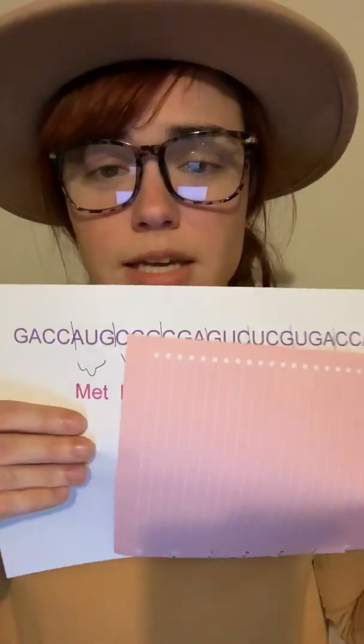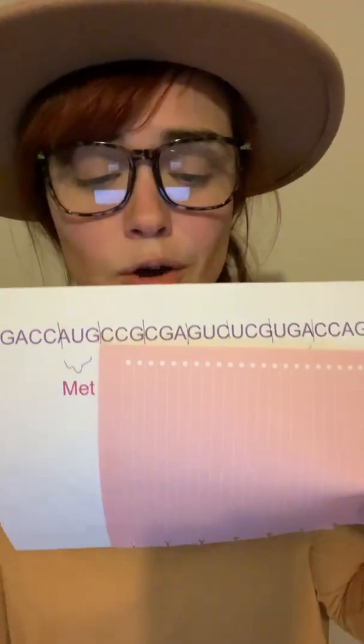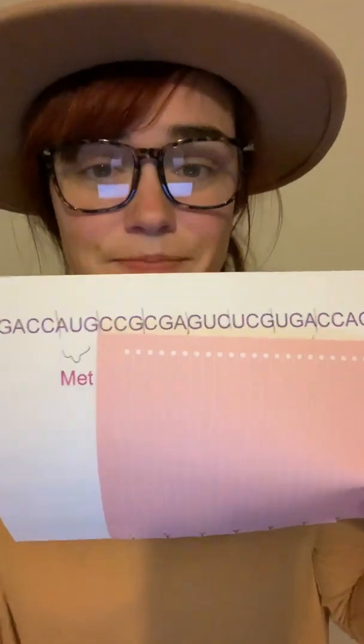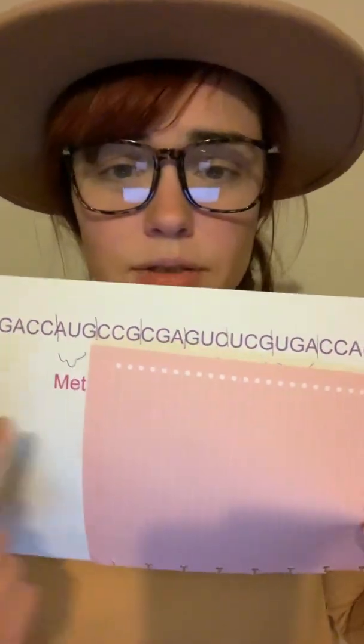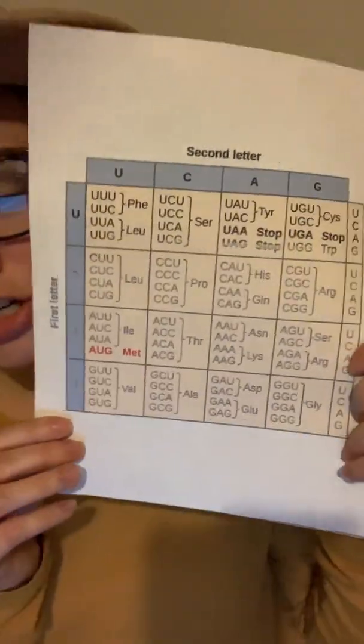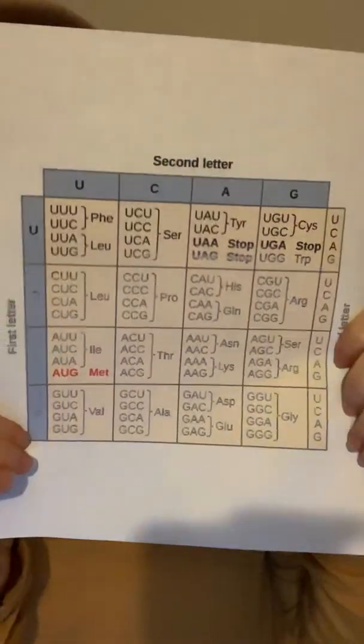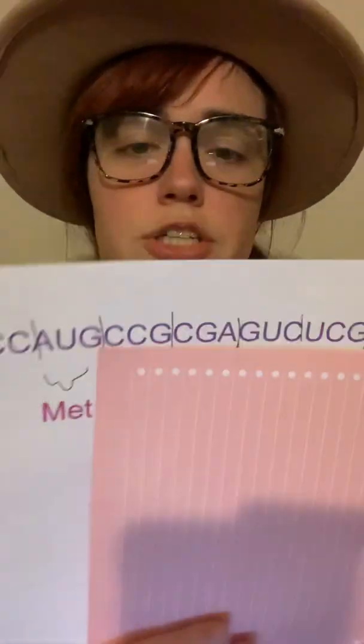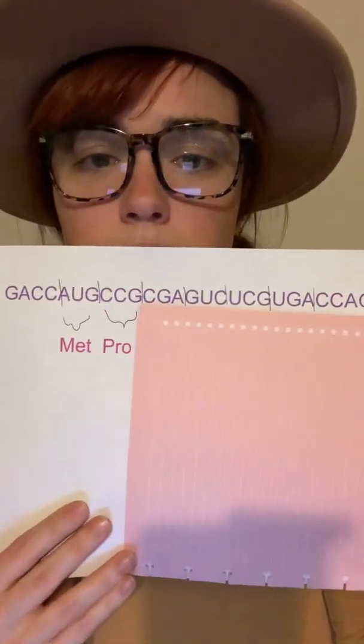And AUG translates into MET or methionine, okay? So then I'm going to go to my next codon, CCG. We are going to find that on our chart. You're going to find that here at proline, right? Okay, so CCG translates into proline.